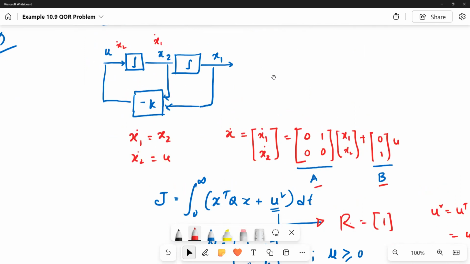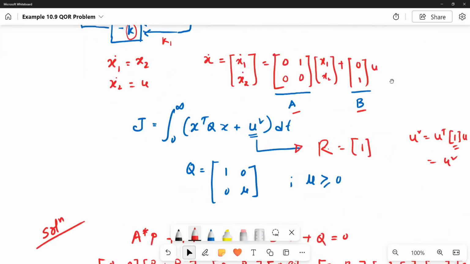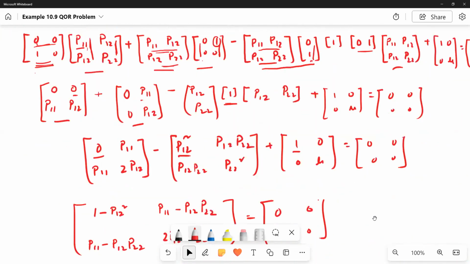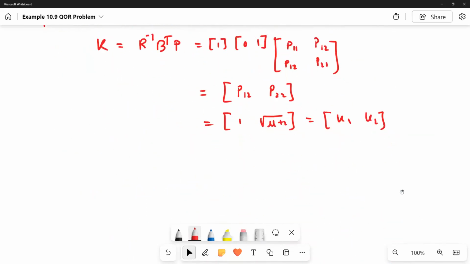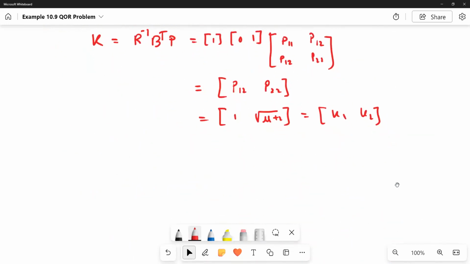This is your X1, so corresponding to the X1 you will have K1, and corresponding to the X2 you will have K2, which is also inside this one. They have symbolically shown 1, but inside those we have both K1 and K2. We already figured out the values of K1 and K2, which are 1 and square root of mu plus 2.